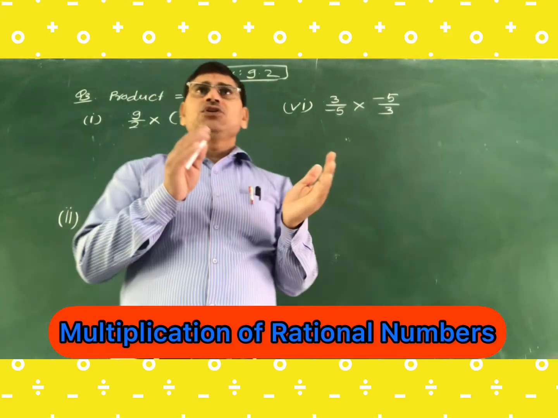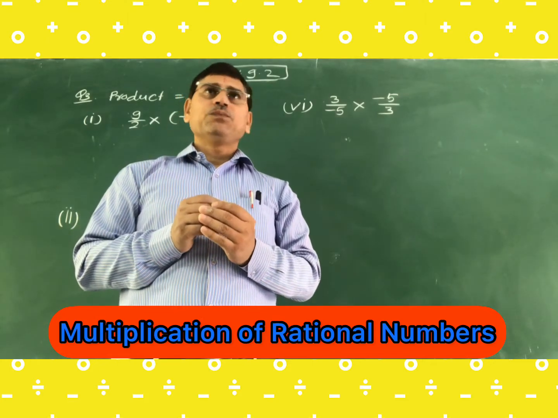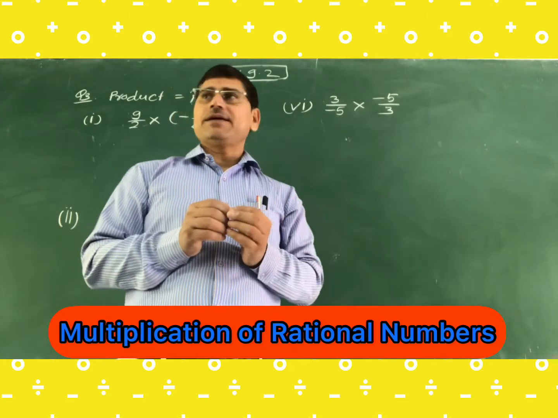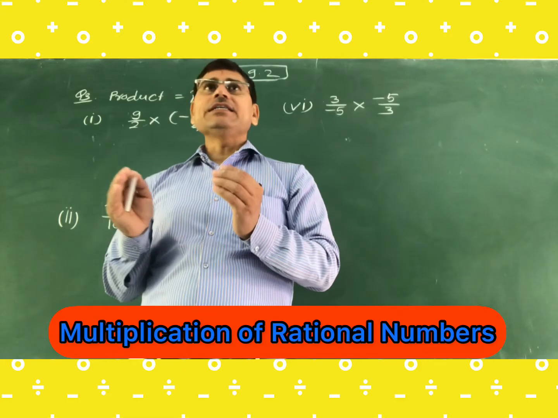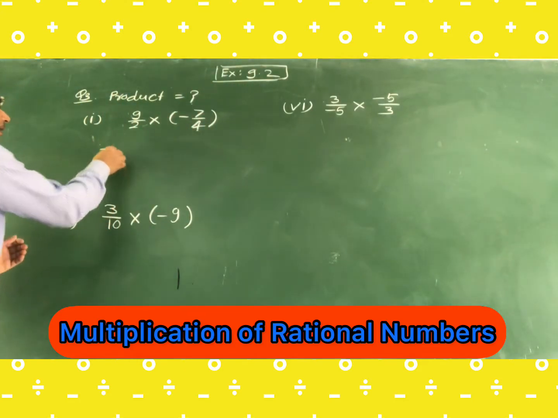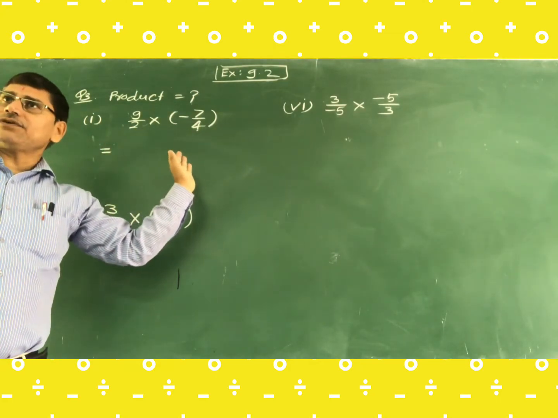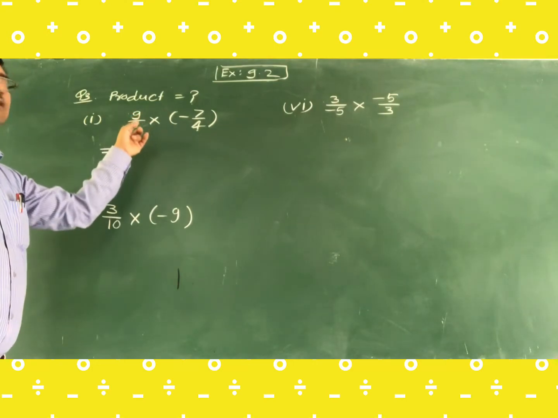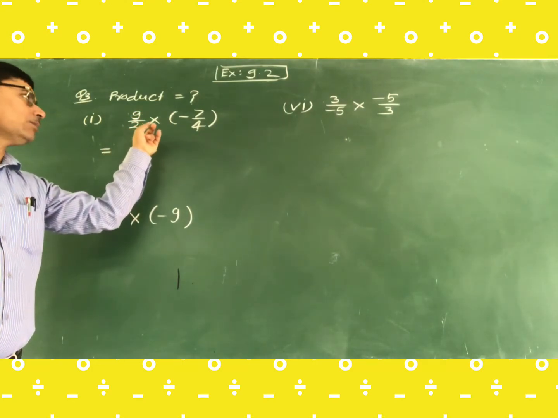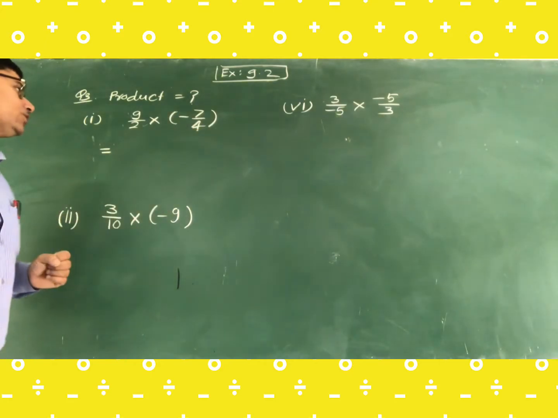These are two rational numbers, and here we will find the product of these two rational numbers. So what is the process? First of all, we will observe that the given rational numbers are in standard form. Yes, of course, the first rational number is in standard form, and the second is also in standard form. So what to do?